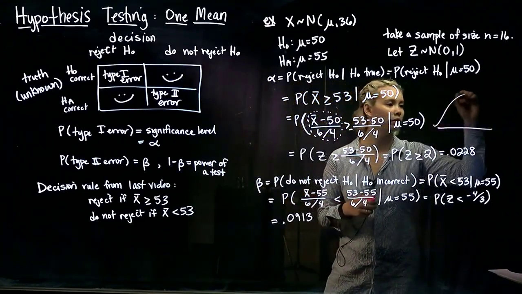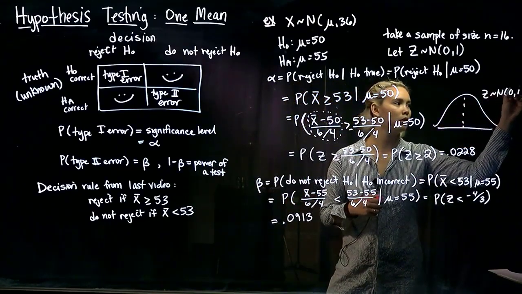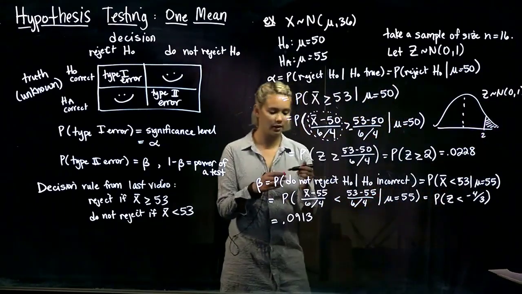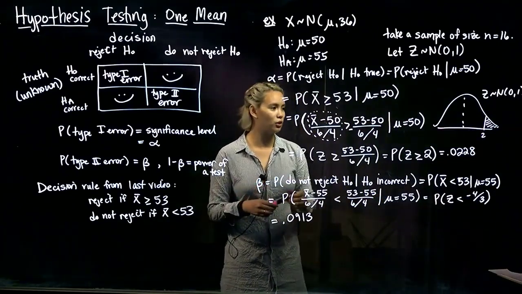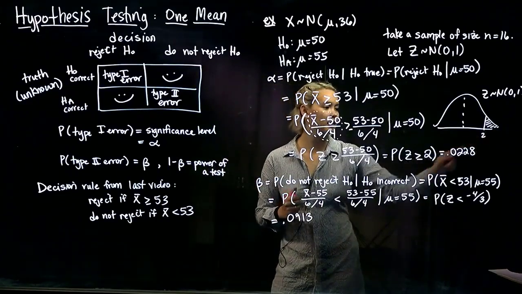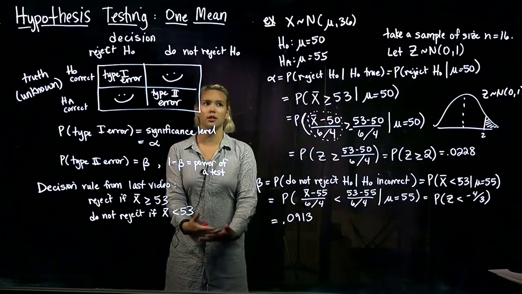Here's our standard normal random variable. Here's 2. And that area shaded there is just the probability of committing a type 1 error. So we can go to a table, or we could use pnorm in R to figure out that this area is 0.0228.